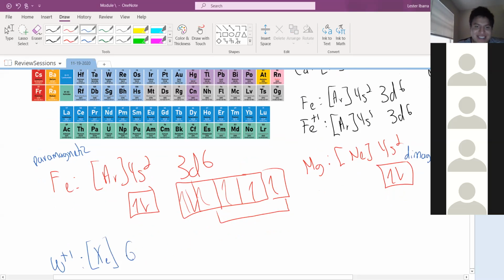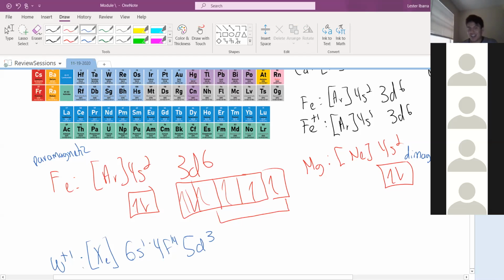Should be 6s2, and then 4f14, and then 5d3. So actually, my bad, it's +1 charge. So we remove the highest energy electron. Which one has the highest energy level here? It would be the S. So we will get rid of one from this 2 right here and it will actually be 6s1.